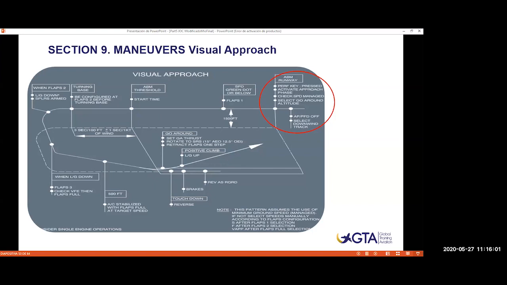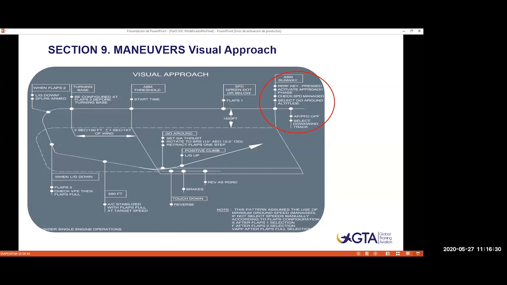We have to reduce 1 second per 1 knot of tailwind, not the wind, tailwind. When we are approaching the time, we select flaps 2 and then start a slow, shallow descent. We configure with landing gear down, flaps 3, and later when you are on final, full flaps with the checklist. This is how to do it.